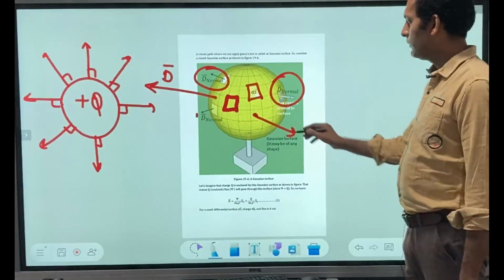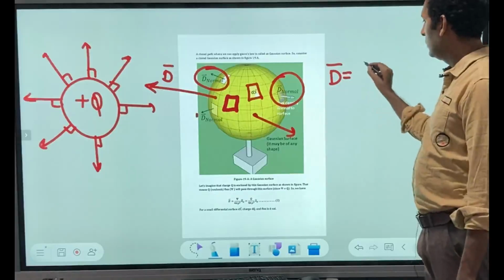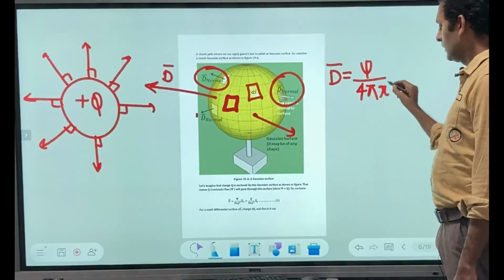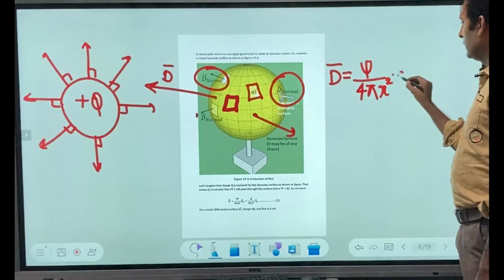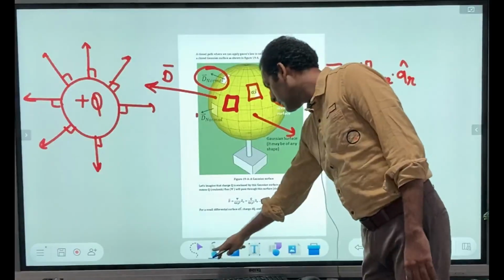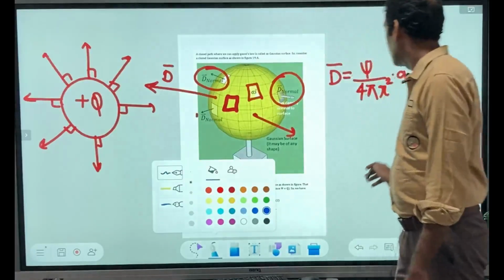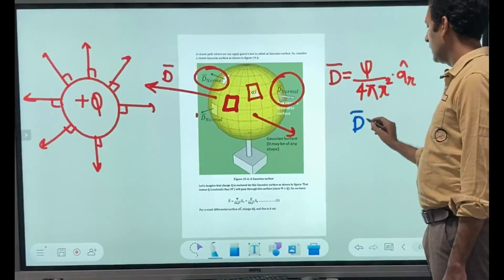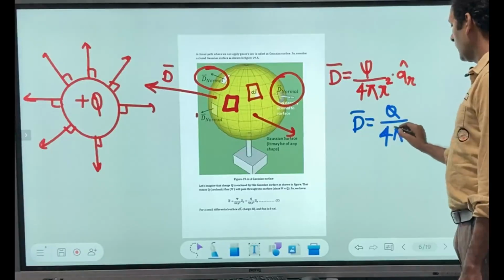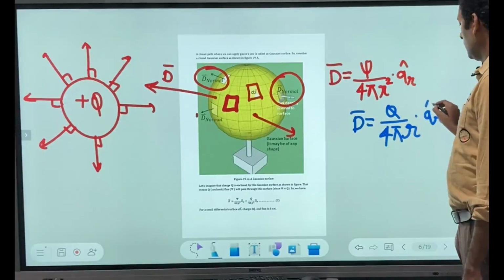So what is the takeaway from this? If we are able to apply Gauss law here, that means we can say D bar is equal to psi by 4 pi r square into ar cap, or in other words we can say D bar is equal to q upon 4 pi r square into ar cap.